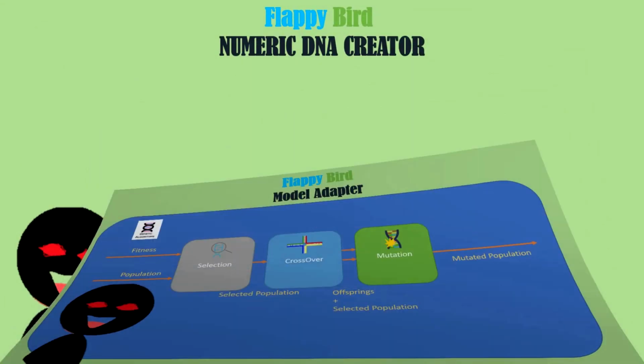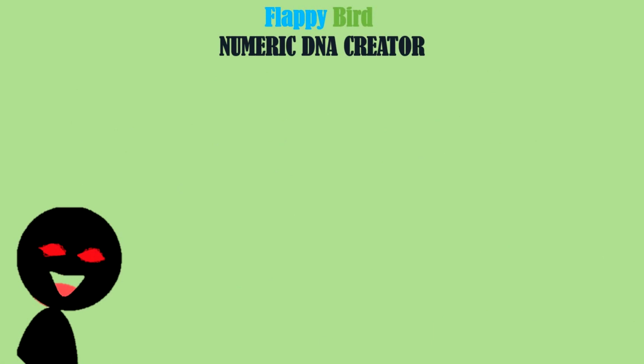Okay, so now we will talk about the numeric DNA creator. As I said before, this method is created by the generation of neural networks. So we have neural networks, and from these neural networks we'll create new neural networks by using the GA algorithm. A neural network actually is created by matrices. So we have the matrix that connects the input, for example, to the first layer, and another matrix that connects the first layer to the second layer.